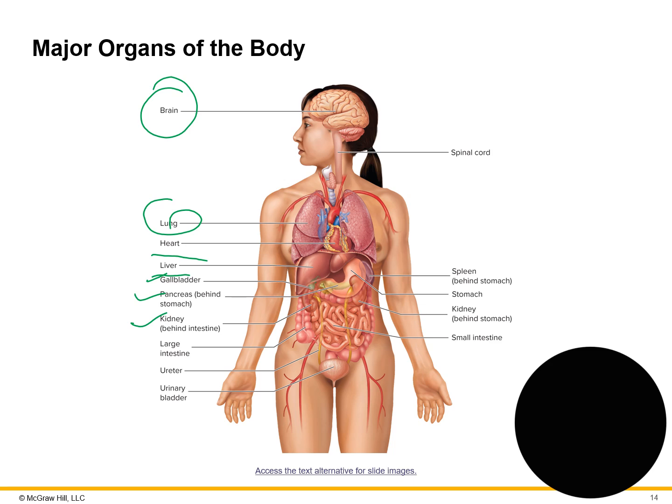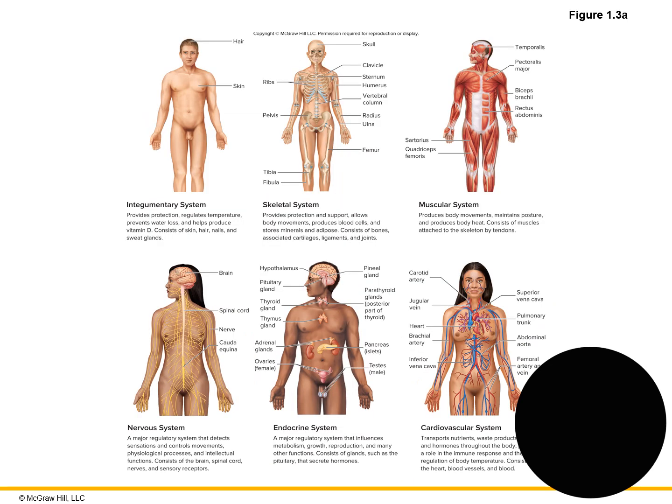We're going to see those things: large intestine, urinary bladder, which is part of the excretory system, spleen, lymphatic system, stomach, kidney, and small intestine and large intestine, part of the digestive system. These are the different organs seen in our system.